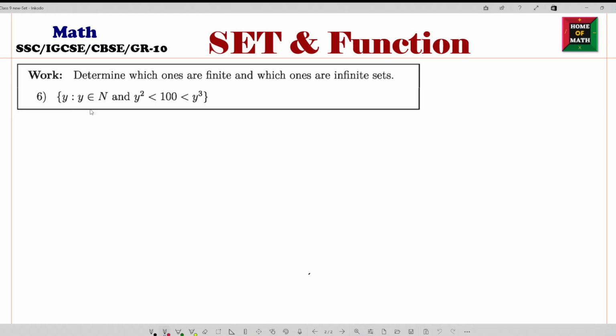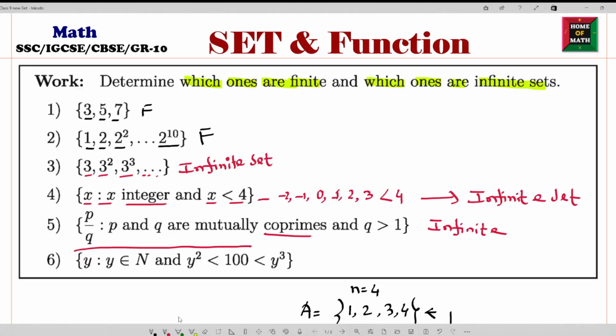First, N is a natural number, so we can write 1, 2, 3. Number 6: y such that y is an element of N, it means natural number, and y squared is less than 100 and less than y cubed.